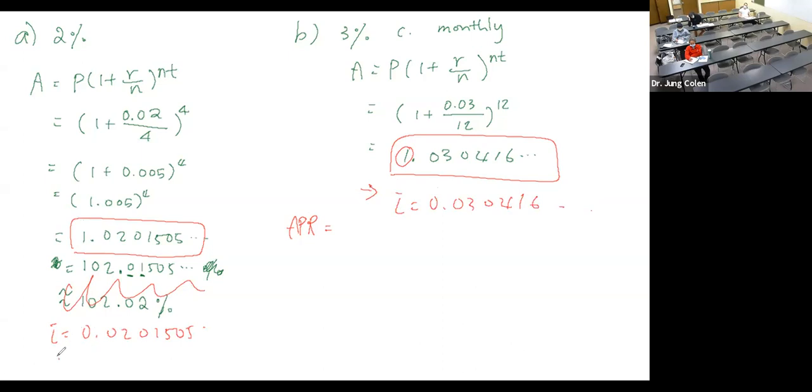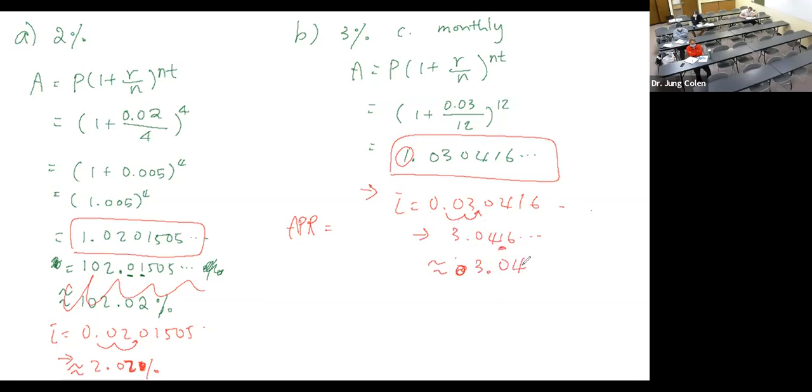So what do we get? Move that two decimal points, so 2.015, or if you round it, it's gonna be about 2.02%. Same here. If you change this to percentage, you move two decimal points and you get 3.0416. By rounding that, you're gonna have 3.04.